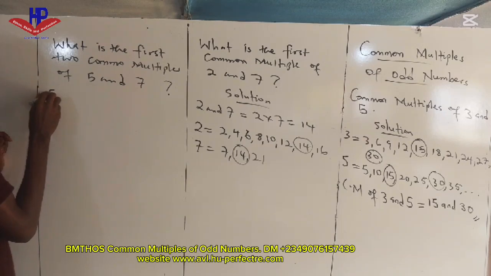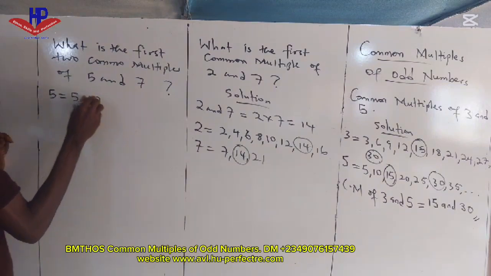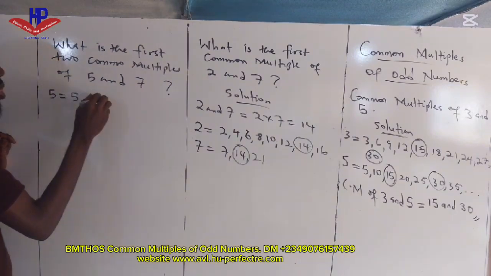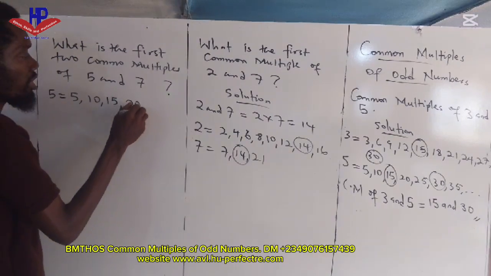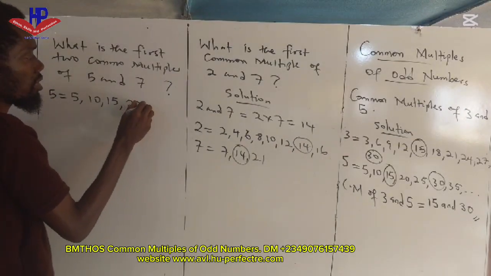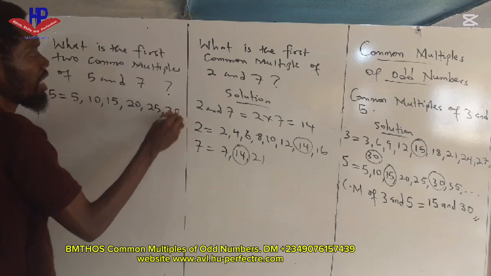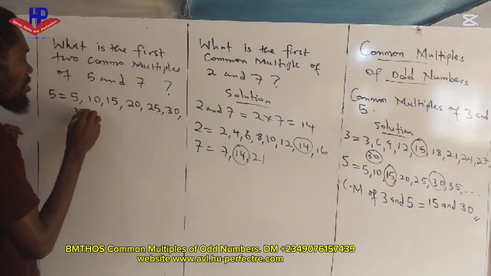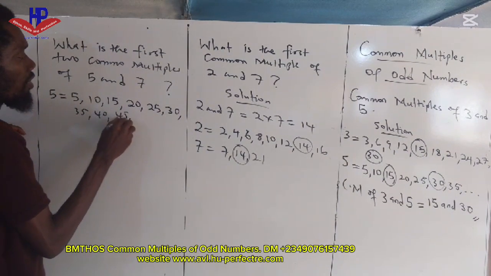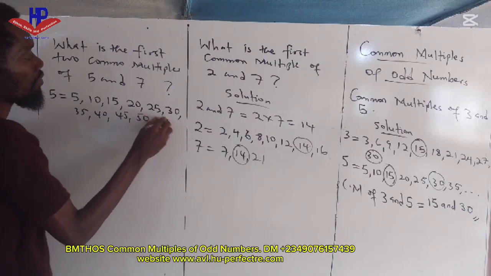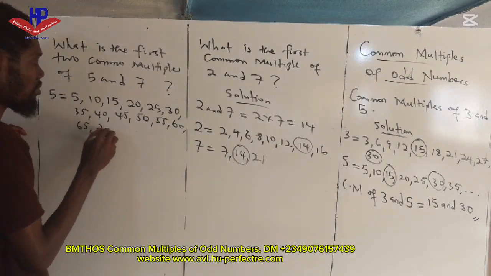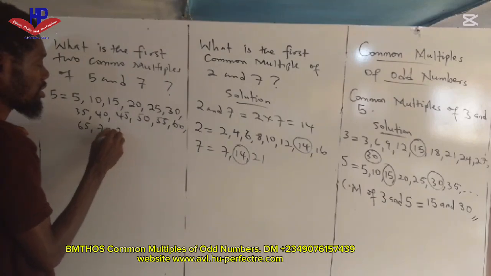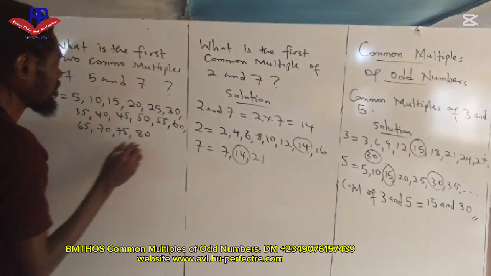What you do will be 5, 10, 15, 20, 25, 30, 35, 40, 45, 50, 55, 60, 65, 70, 75, 80. Let me stop there.